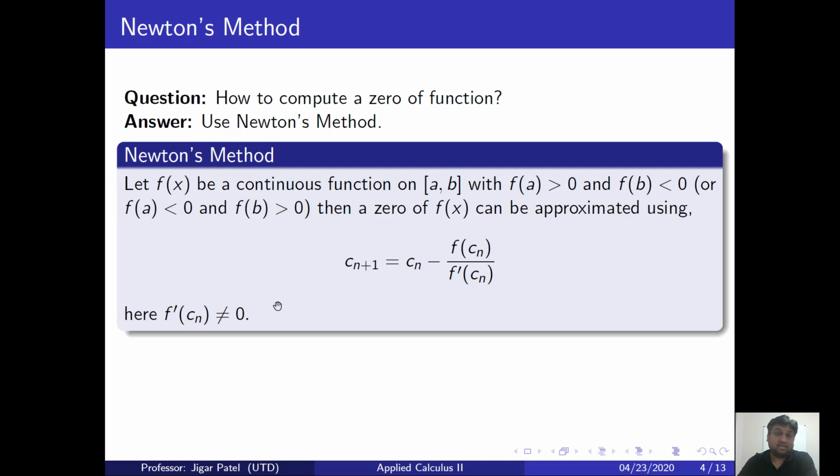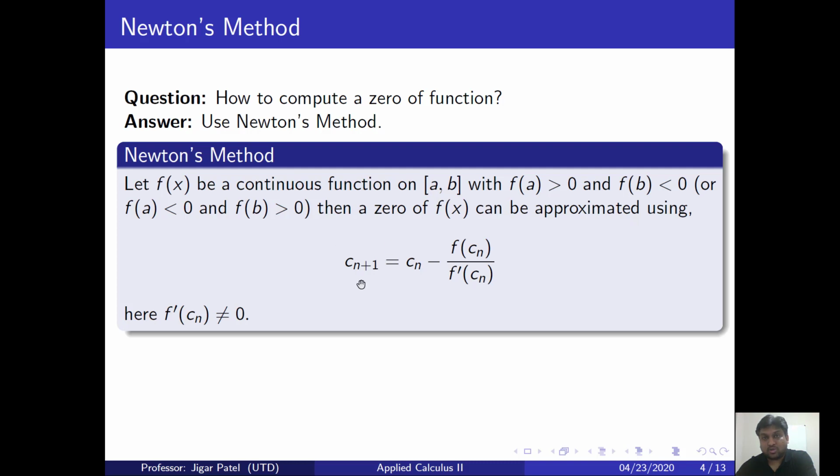You need to check this on your exams and quizzes, so be sure you know that this is a necessary condition, together with continuity, to have a 0 between a and b. Then a 0 of function f of x can be approximated using this iterative formula.